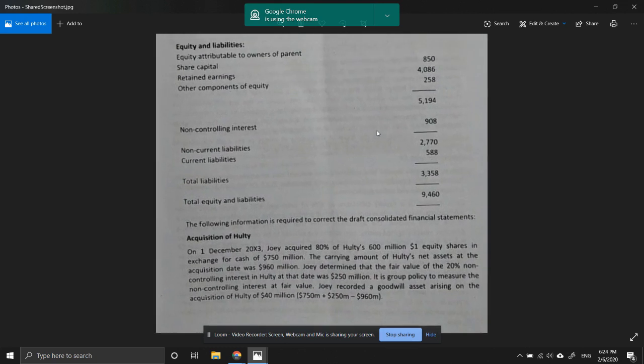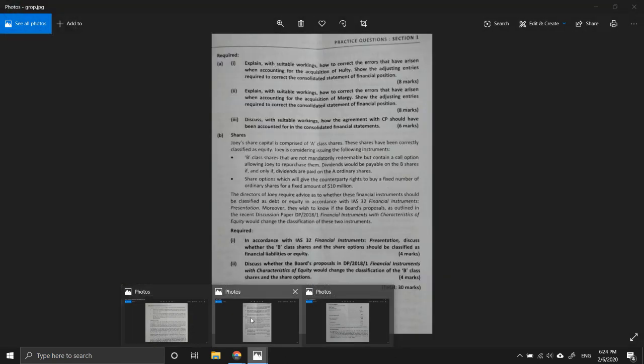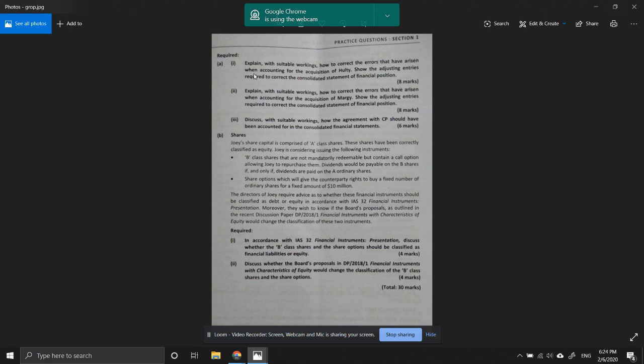All these things are given. Let's see the requirement first of all. Explain with suitable workings how to correct the errors that have arisen when accounting for the acquisition of Hulti, and the adjusting entries required to correct the consolidated statement of financial position.